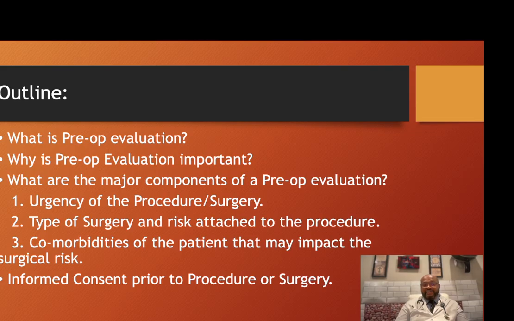And these, of course, they need before you get an informed consent prior to the procedure, because it's an informed consent. So they need to be informed to give their consent for the procedure. So you want to be able to discuss their risk for the surgery being addressed or being planned.